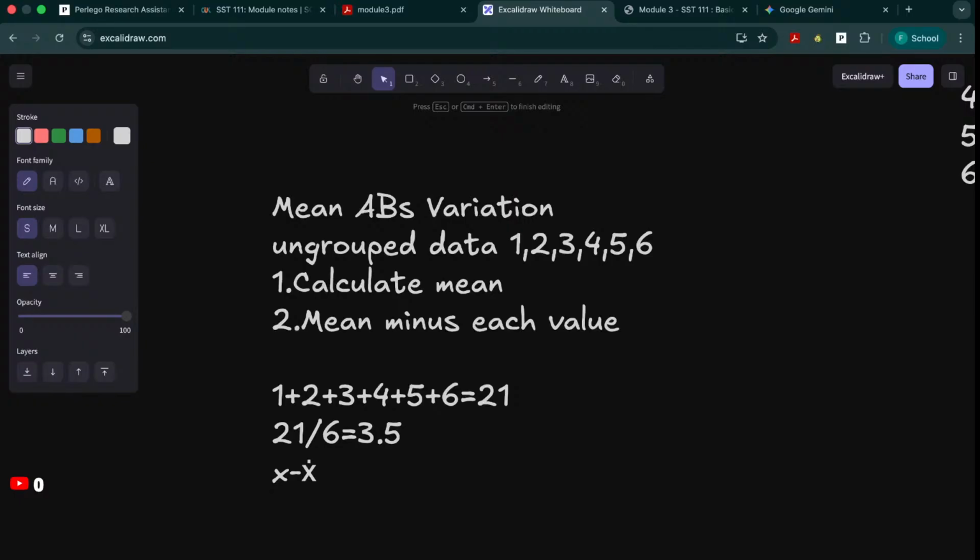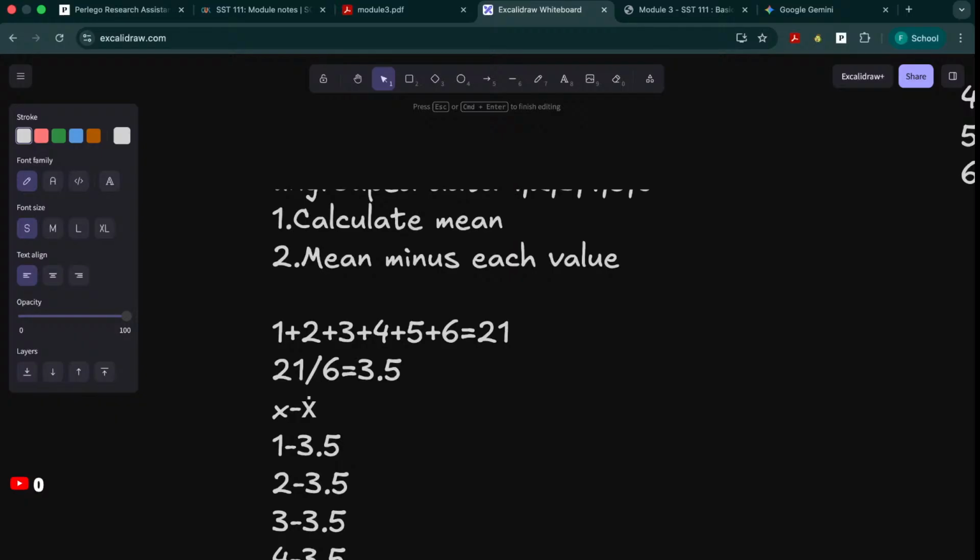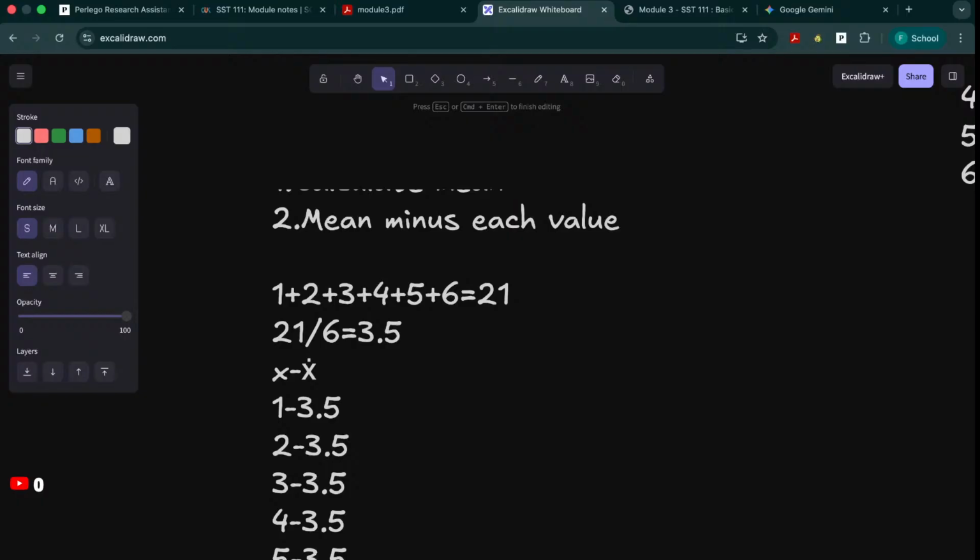Then you create a table, x minus x bar. So we pick our first value, then we minus: 1 minus our mean, then 2 minus our mean, 3 minus our mean, 4 minus our mean, 5 minus, 6 minus our mean, then we get our values here.